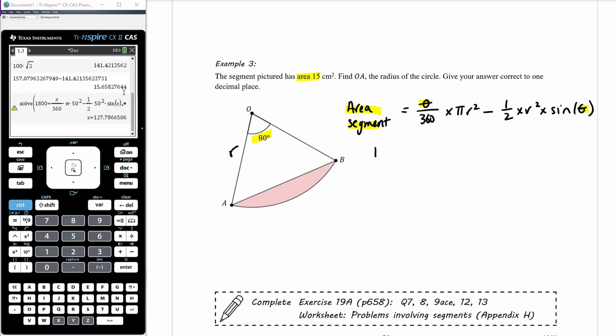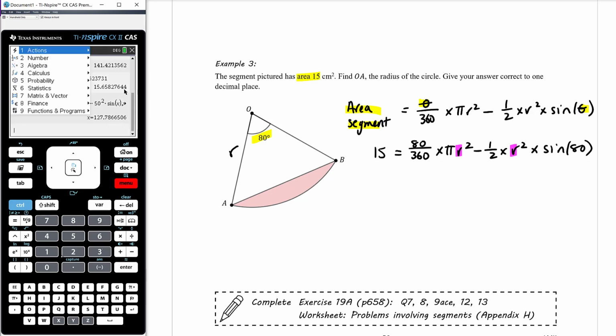So we know the area is 15, the angle is 80, sine of 80, and we can get our CAS to solve for r, which is what we're trying to find.